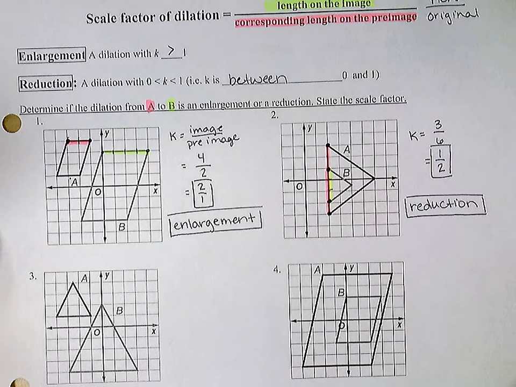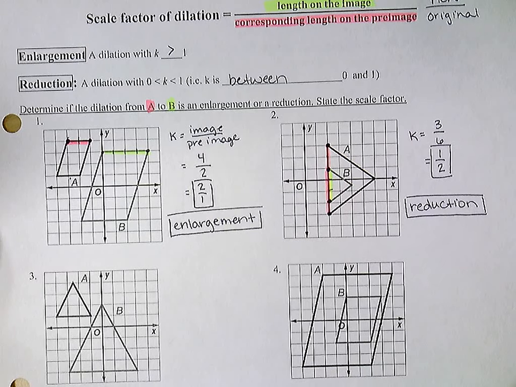Okay, so again, it's always your image over your pre-image. So it's your ending figure's length, one of the side lengths, over the original's side length. Okay, with those similar sides.